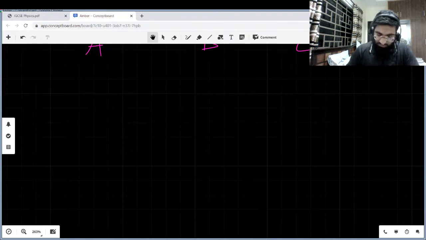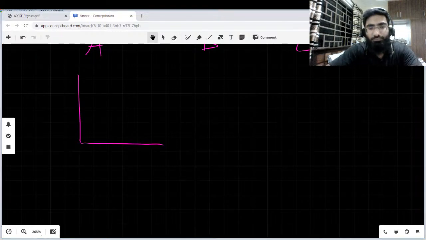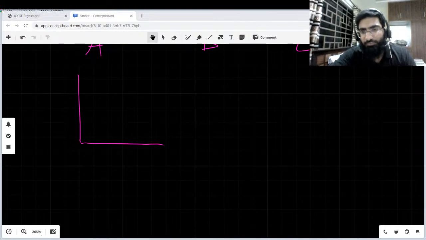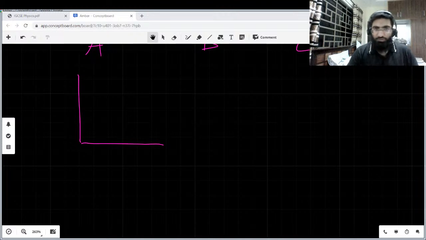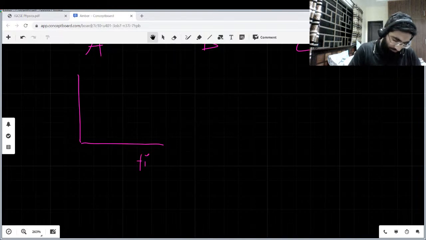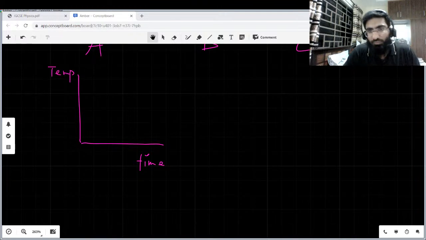If I draw a graph, let's say I'm applying constant heat to this particular substance. On the x-axis I've got time, and on the y-axis I've got temperature.